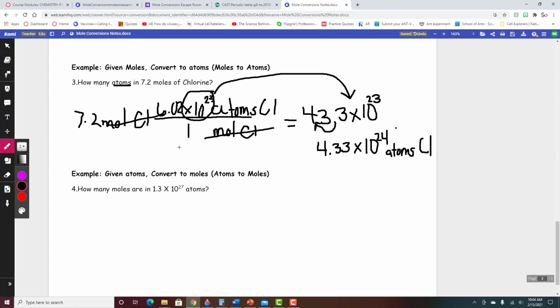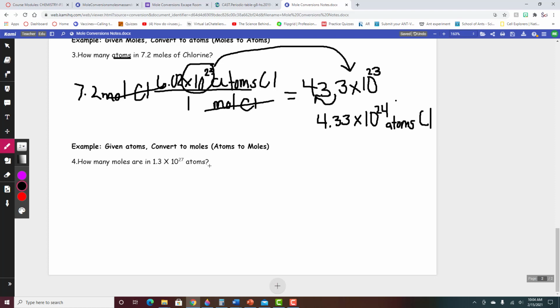One more. So here you are given atoms and you are solving for moles, so the backwards of what we just did. So you're going to start with 1.3, always write what you have, times 10 to the 27th, and then the unit is going to be atoms. Alright, and they didn't say what element this is, they just said atoms and moles, and it doesn't matter when you're converting between atoms and moles because you don't need to use the periodic table.